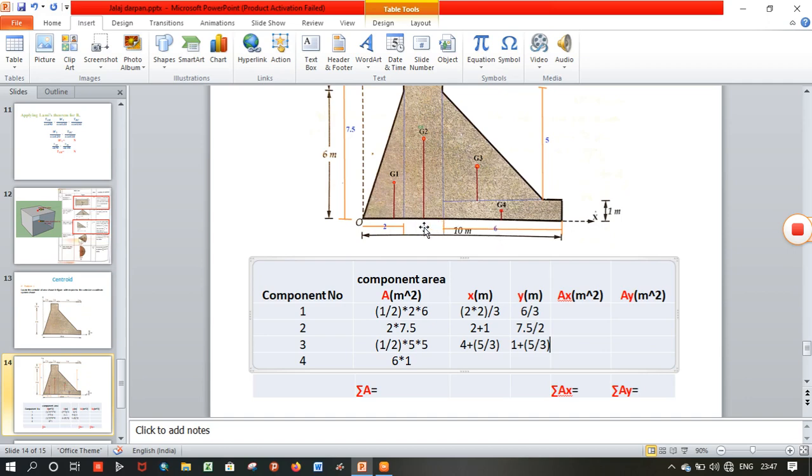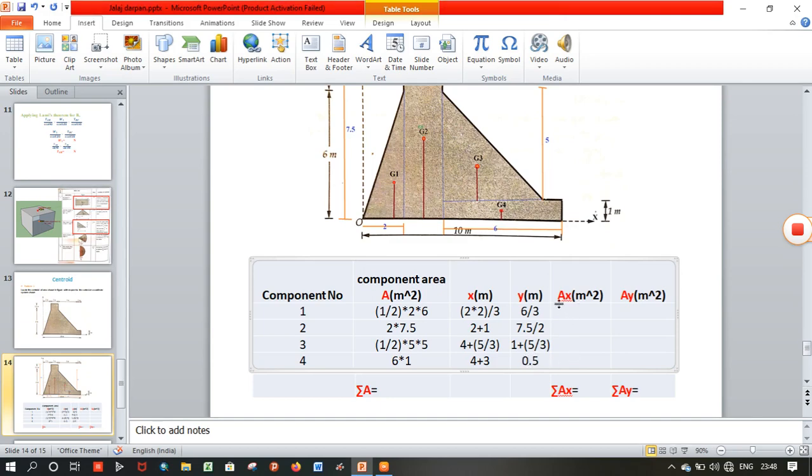So 4 plus half of this width, 6 by 2 is 3. For the y-axis, from here to here only, the half of the height is 1 meter, half of that is 0.5.